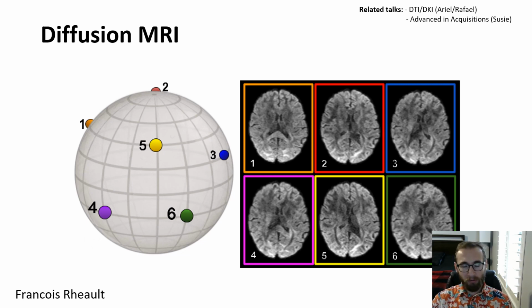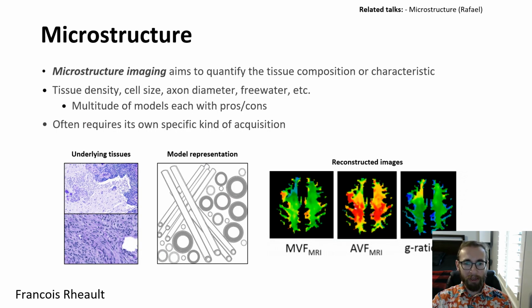Once you perform that acquisition, one line of analysis for diffusion MRI is microstructure imaging. The goal of microstructure imaging is to quantify the tissue characteristics and its composition.